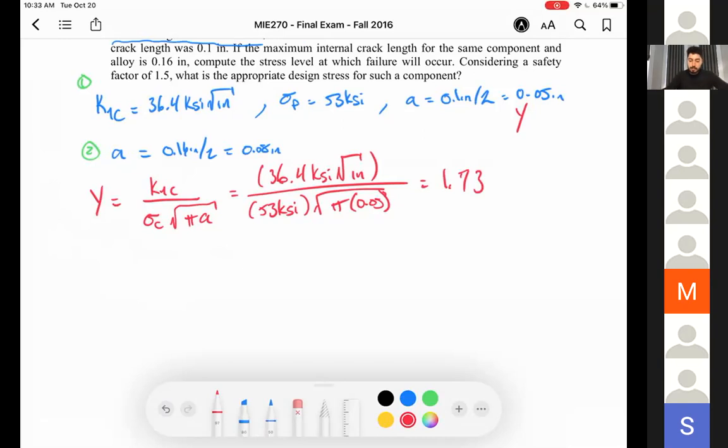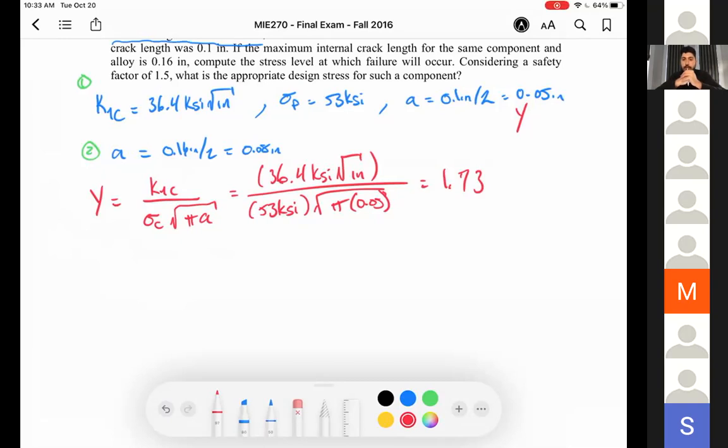Okay, so now that we have our geometry factor, now what? We know it's the same because it's the same component geometry. What do we know about the plane strain fracture toughness? Is it the same or is it going to change? It's going to stay the same, right? Now we're solving for our critical stress because we've changed our crack length.